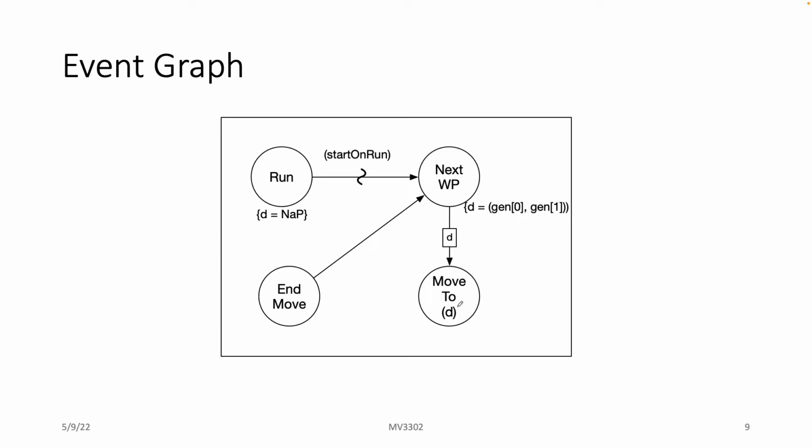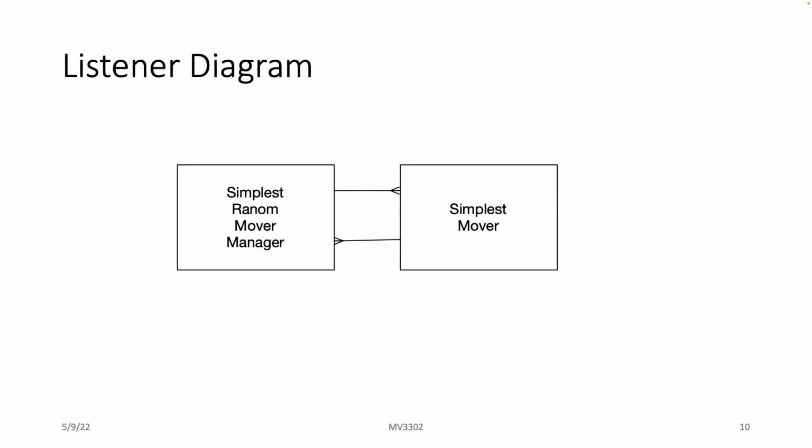We pass that destination to the move to as we did before. We listen for the end move event and schedule the next waypoint, and we just keep doing this, and somebody else is going to have to make us stop. And again, we're going to listen to each other.